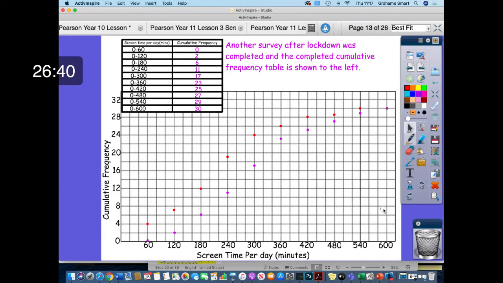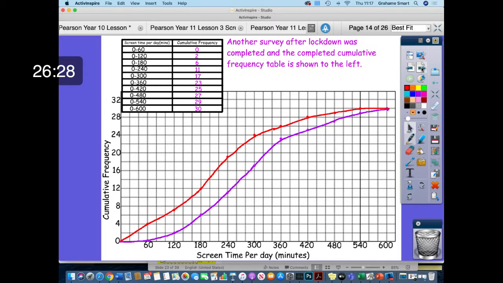So you can see here, I've actually put the points for the purple line, plotted those on. I've left the ones for the red on as well, which was the previous example that I just did, which was pre-lockdown. And then I've put the curves on. Now, I must admit, I think a lot of people intuitively would think the steeper the gradient, the higher the screen time per day.